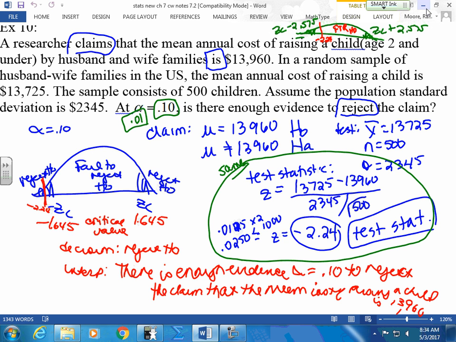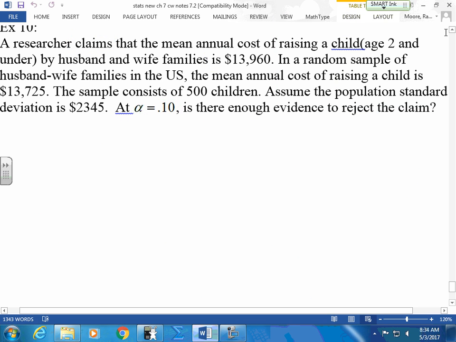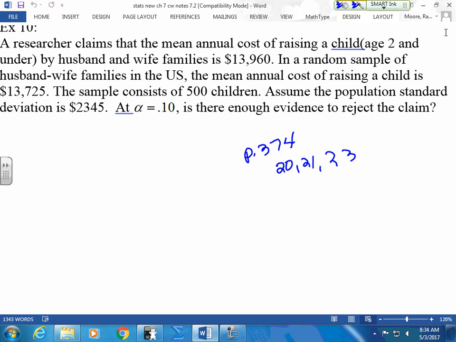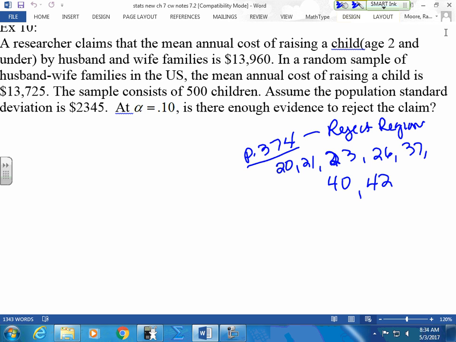Reject regions only. That's a 23. These are for reject regions. On the test, I will tell you, solve this one using p-val, solve this one using reject region. Okay.